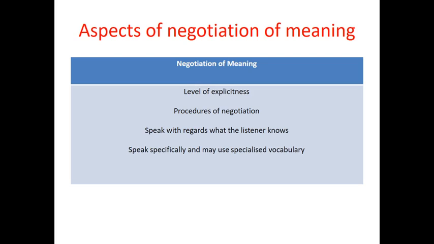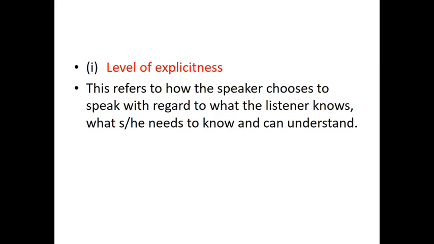Then speak with regard to what the listener knows. Then speak specifically and may use specialized vocabulary. Level of explicitness refers to how the speaker chooses to speak with regard to what the listener knows, needs to know, and can understand.